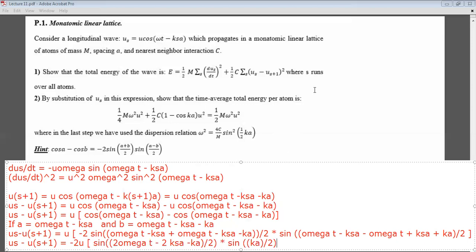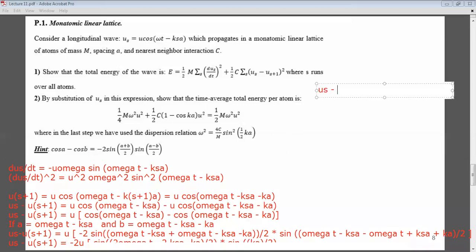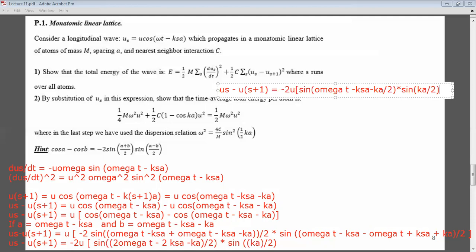So I will have us − us+1 equal to −2u times sin of (2ωt − 2ksa − ka) over 2, which is (ωt − ksa − ka/2), times, from the second part, I will only have sin(ka/2).